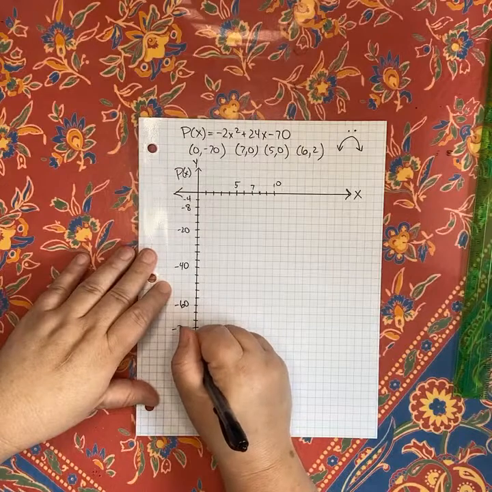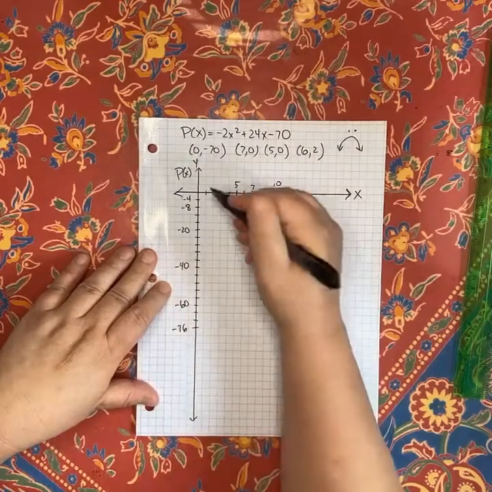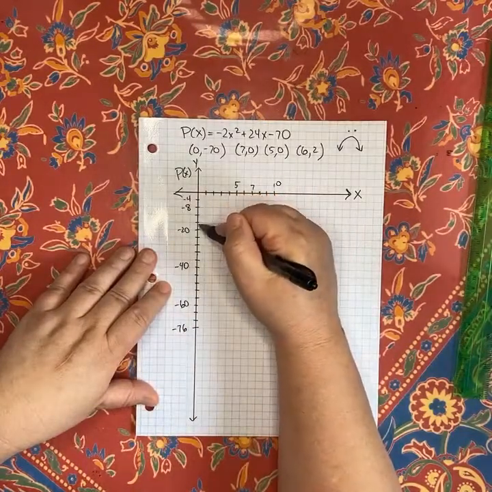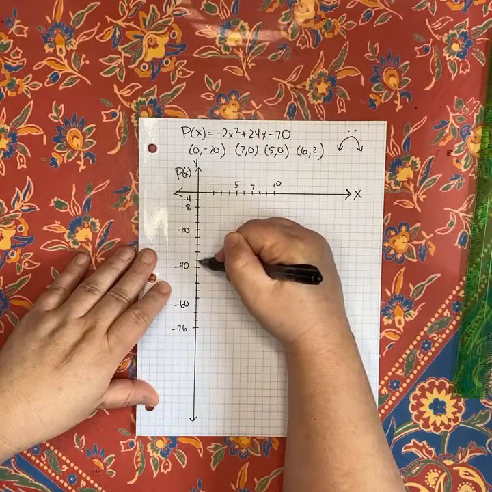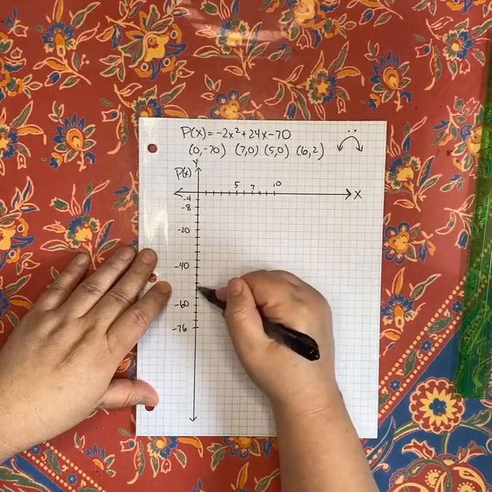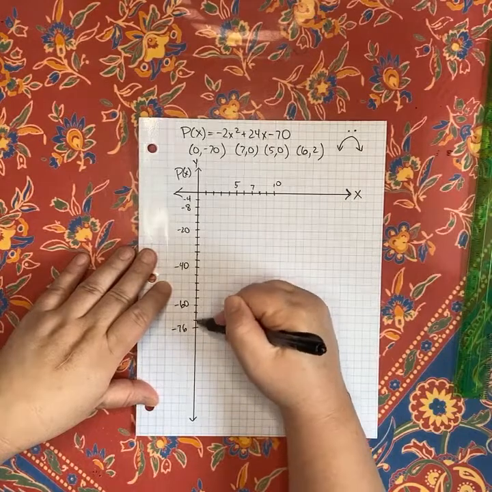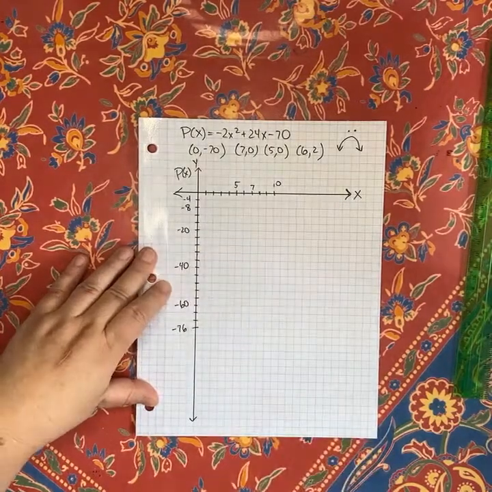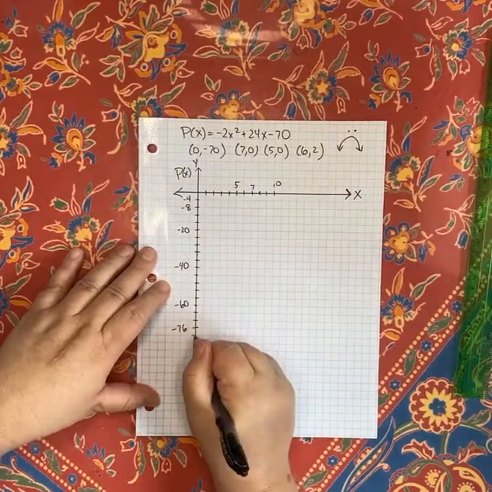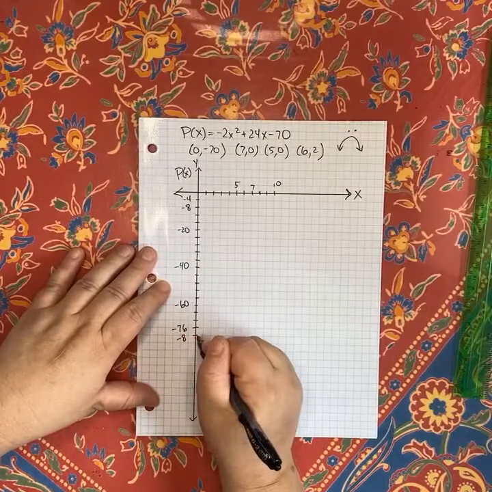I believe that is negative 76. Let's double check. 1, 2, 3, 4, 5, 6, 7, 8, 9, 10, 11, 12, 13, 14, 15, 16, 17, 18. Yes. And then this would be negative 80.